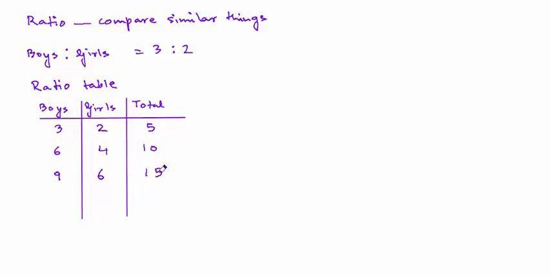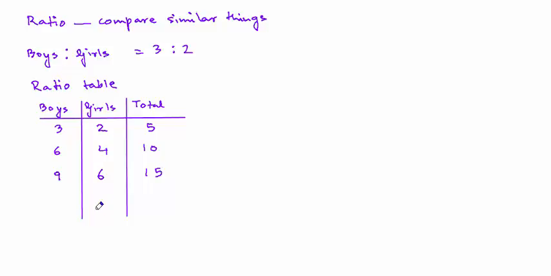So given any one of these 3 numbers on a particular row, you can easily find out the other 2 by multiplying the first numbers on each one of those columns with the number that you get by multiplying the first number that's already given.